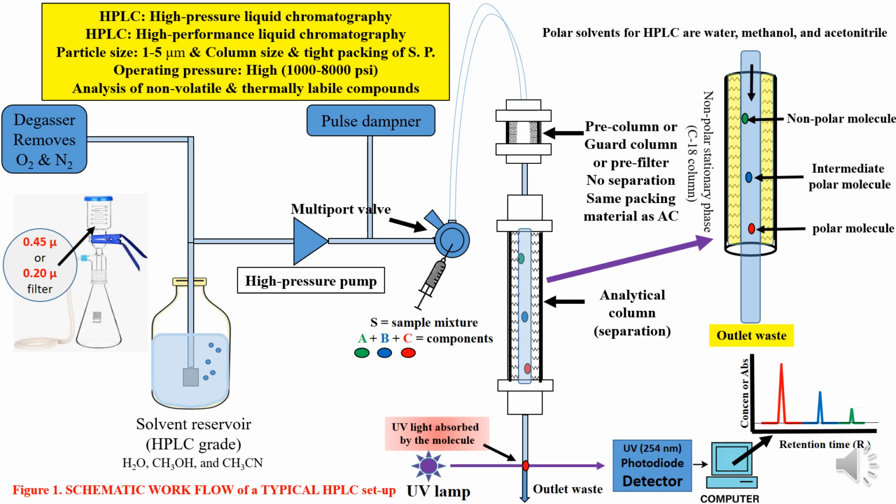And it's also called high performance liquid chromatography as its performance is superior to the conventional column chromatography, and it also has a very good resolving power in comparison to conventional column chromatography. Now the HPLC technique is a versatile and powerful analytical technique used for analysis of non-volatile and thermally labile compounds.